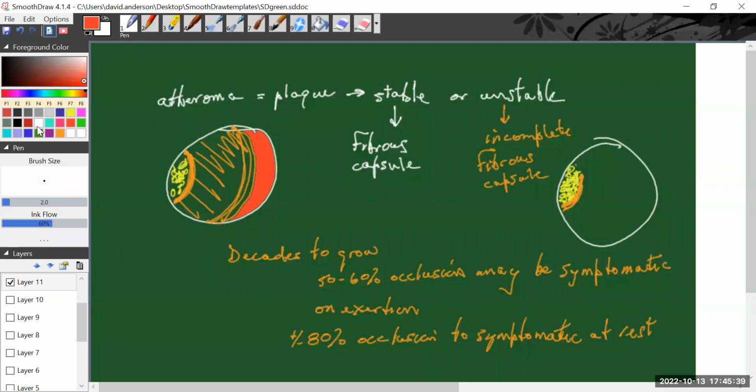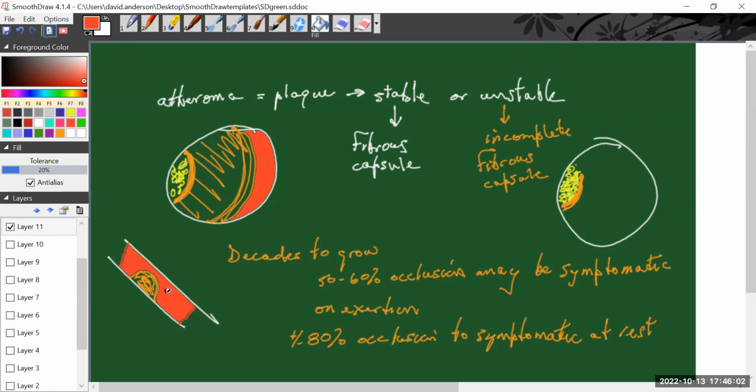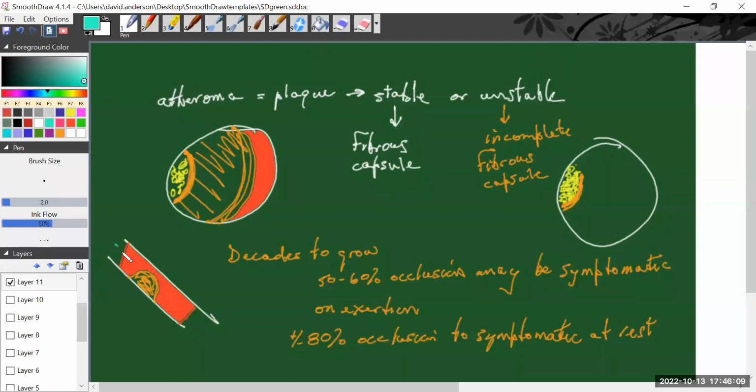You can appreciate that if we looked at this blood vessel in a lateral view, this atheroma is taking up 80% or more of the lumen. There's our blood flow. So you can appreciate that in this area, as blood flow comes in and it's supposed to leave here, there's going to be a lot of turbulence.